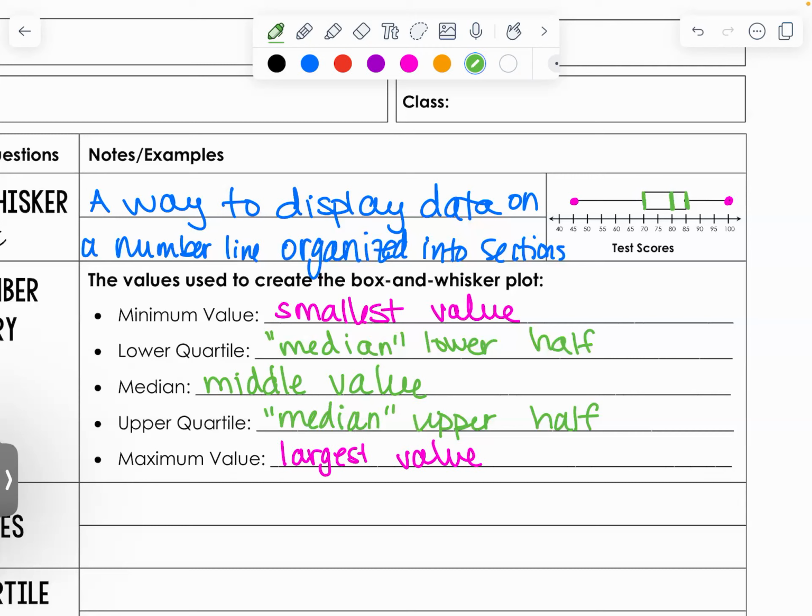If you look at our picture, we have 4 sections: a whisker, the left part of the box, the right part of the box, and another whisker. Each section has how much of the data? 1/4. There's a quarter of the data in each section.